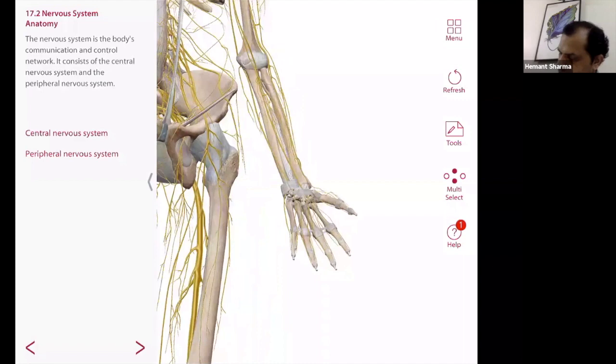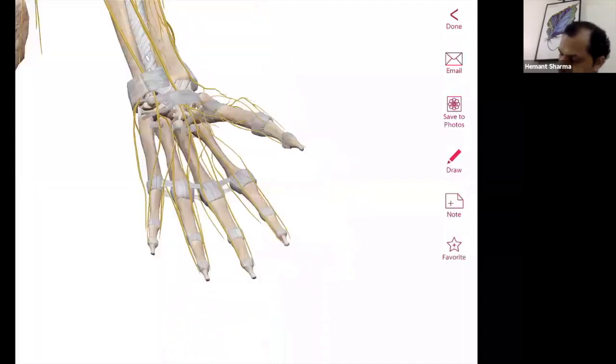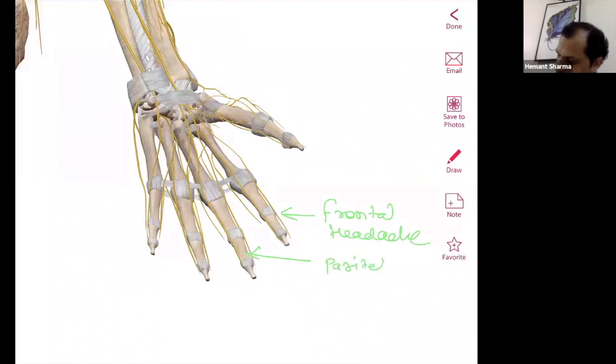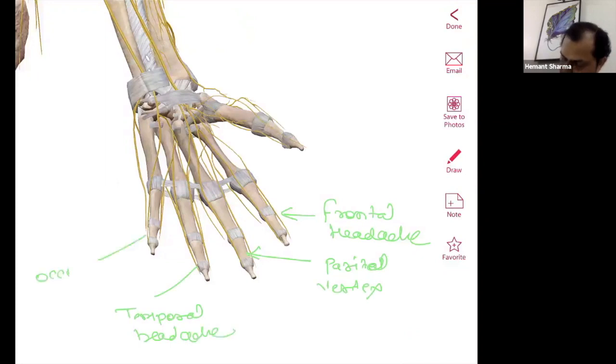So this finger can treat the frontal headache, this finger can treat the parietal and vertex headache, this finger can treat the temporal headache on the side of the ear, and this finger can treat the occipital headache on the back side of the head.